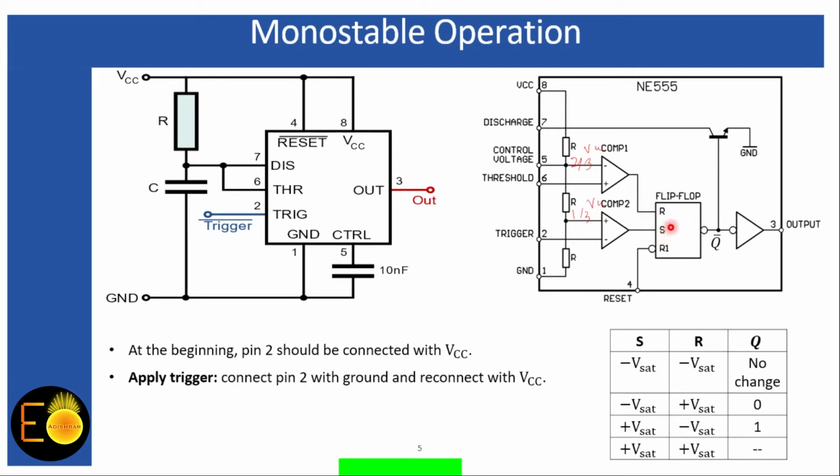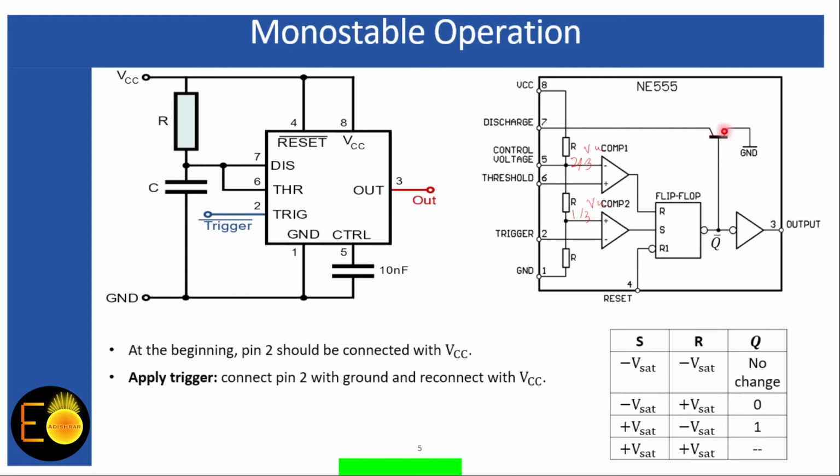So the condition S equals 1, R equals 0, means S equals plus VCC and R equals minus VCC, corresponding to Q equals 1. But here I'm considering Q bar, so Q bar equals 0. Since Q bar equals 0, output will switch to the logic 1, or the plus VCC, because the output is the inverted version of the Q bar. Basically, output is nothing but the Q itself. So output is 1, Q bar is 0.